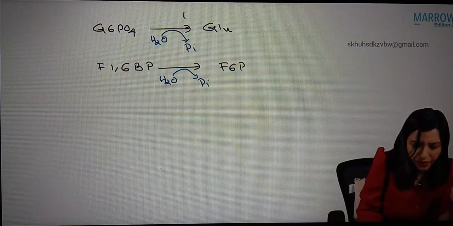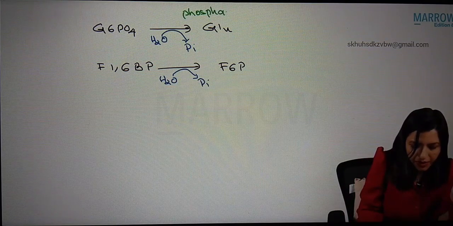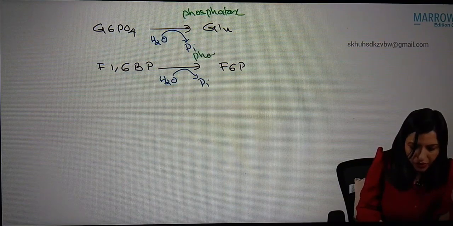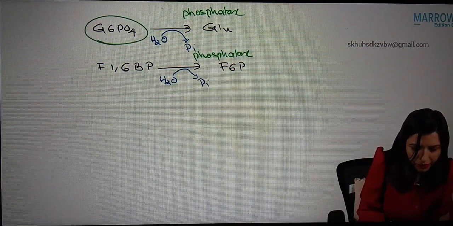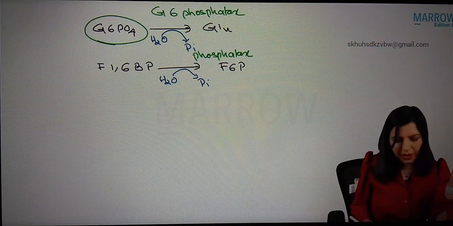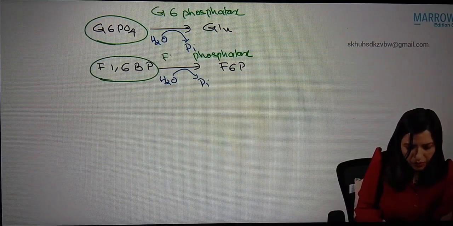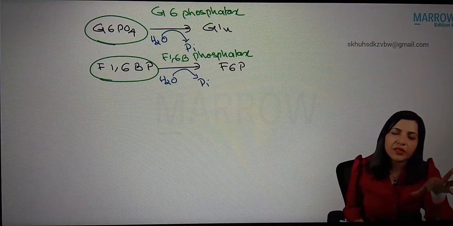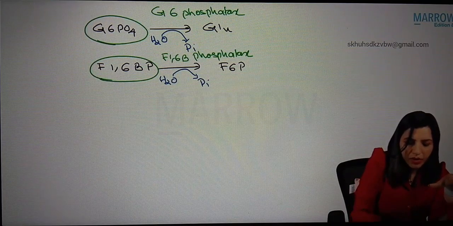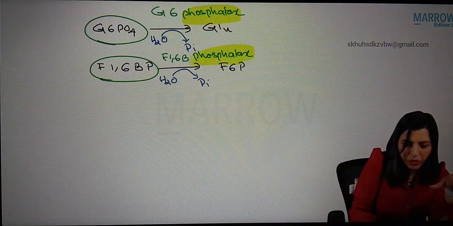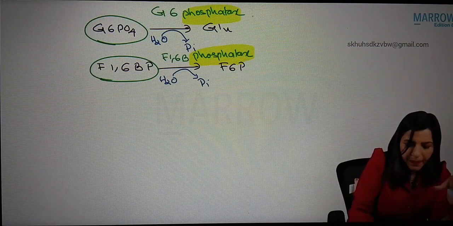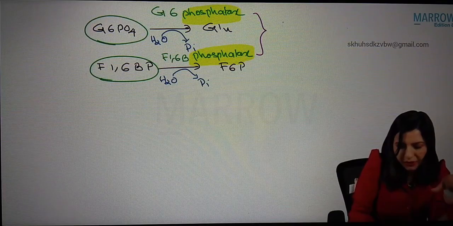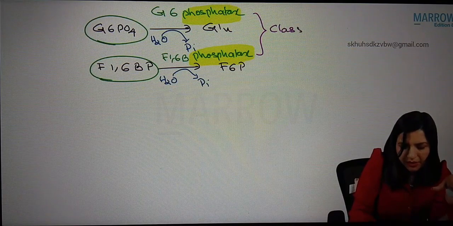Now this enzyme we call phosphatase. Both these are phosphatases. Write the name of the substrate here: glucose 6-phosphatase, and fructose 1,6-bisphosphatase. So all these phosphatases belong to class 3, hydrolase. That is what we have to learn.